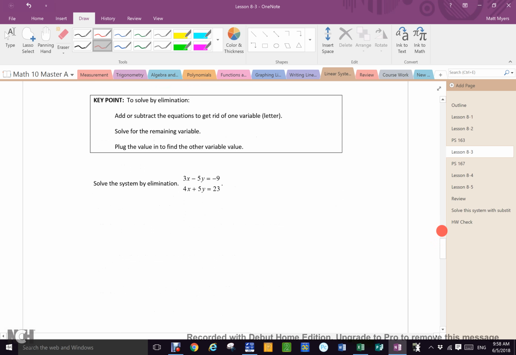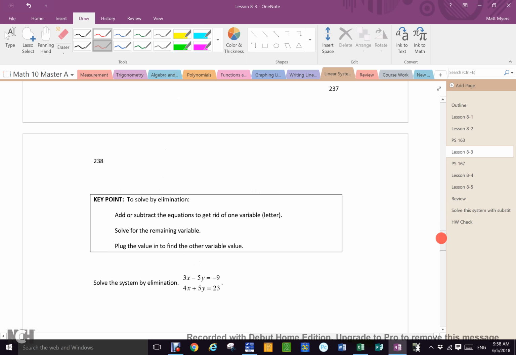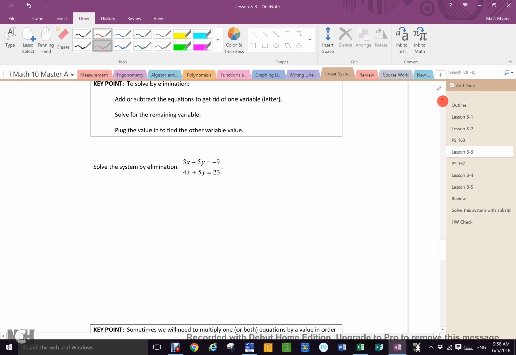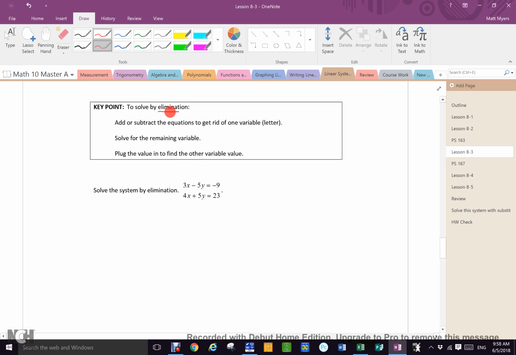Now, if you turn the page over to 238, you will see what you need to do to solve by elimination, which is the third method. Step 1, step 2, step 3.